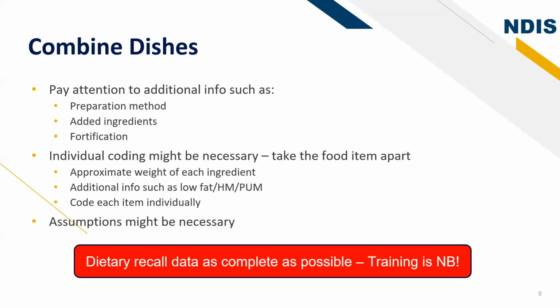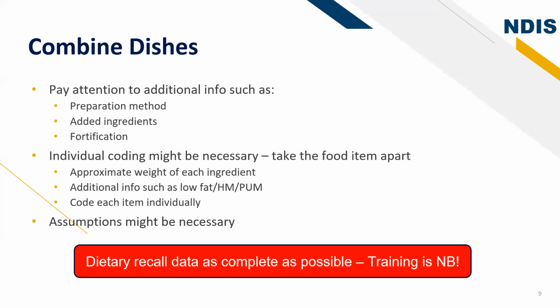And assumptions may also be necessary to do the combined dishes. So it may be that you are not quite aware of the specific milk that was used if you are not the cook or the one that prepares the food in the house. So if they don't know what milk was used, you'll have to make an assumption for that. So it's important that the dietary recall data is as complete as possible.